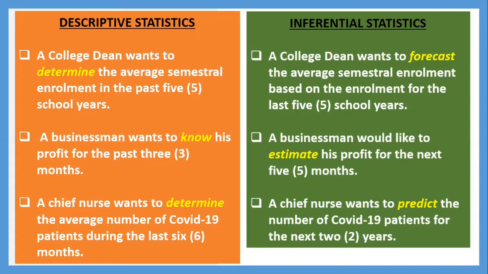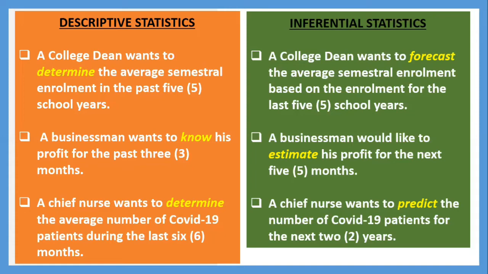And the last example under descriptive statistics, a chief nurse wants to determine the average number of COVID-19 patients during the last 6 months. So still, this is an example of descriptive statistics because we are using the verb determine. We are just trying to know, we are just trying to describe, and we are not trying to make inferences.